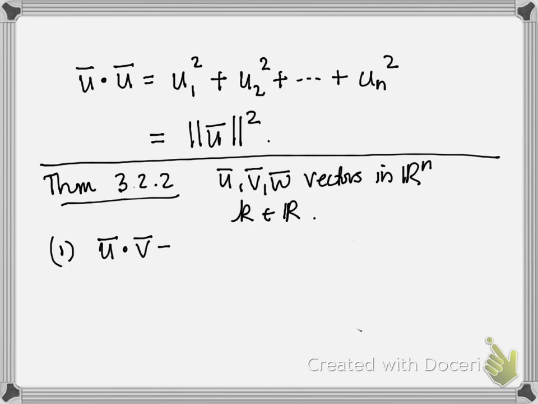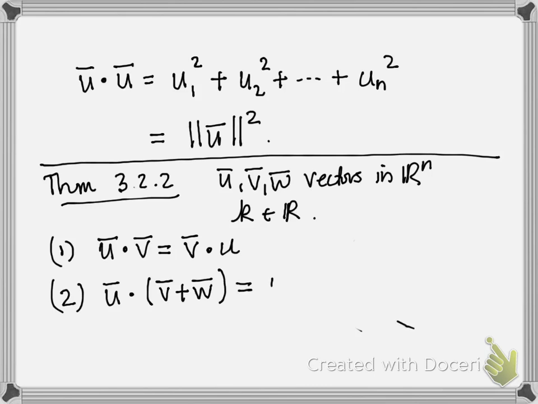U dot v is absolutely the same thing as v dot u. And the second is that the dot product distributes over addition. You might find yourself using this a lot. So if you take u and you dot it with the sum of v and w, this nice distribution happens. This is just u dot v plus u dot w.